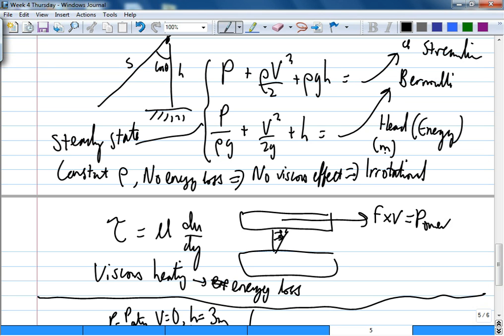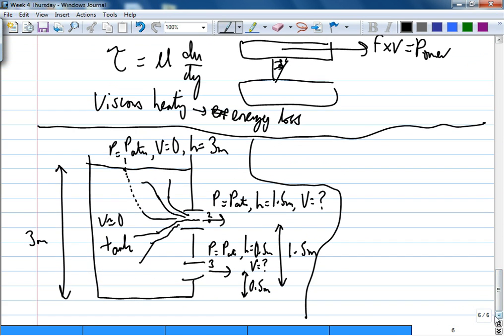Pressure head: P over rho G is pressure head. This one is the kinematic or kinetic head, and this is the static head. I'll come back to that again after we do this problem.